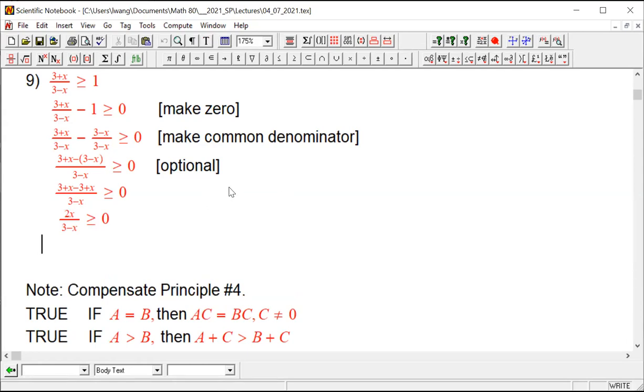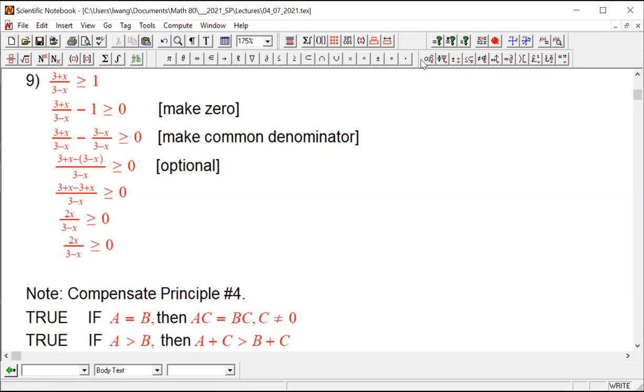To further simplify this, I'm going to divide both sides by 2 or multiply both sides by half. You don't have to do this, but I will assure you, this will make your life just a little bit easier.